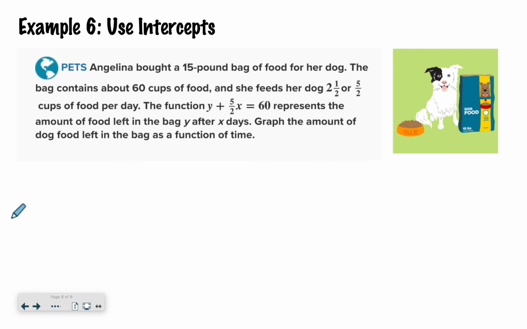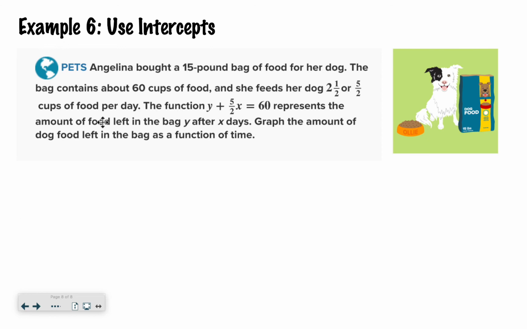The function y + (5/2)x = 60 represents the amount of food left in the bag, y, after x days. Graph the amount of dog food left in the bag as a function of time. Okay, so we've already talked about graphing, so I'm not actually going to draw out a graph for you, but I'm going to help you find the intercepts and describe what they mean.